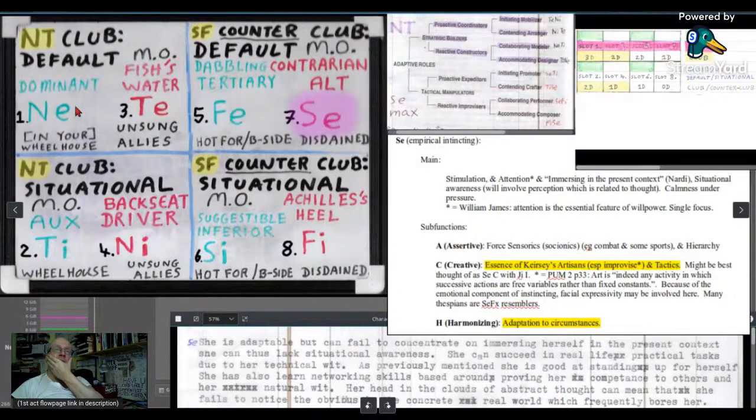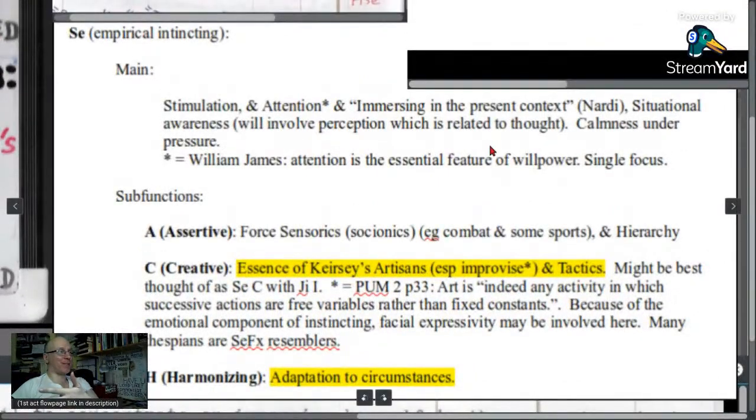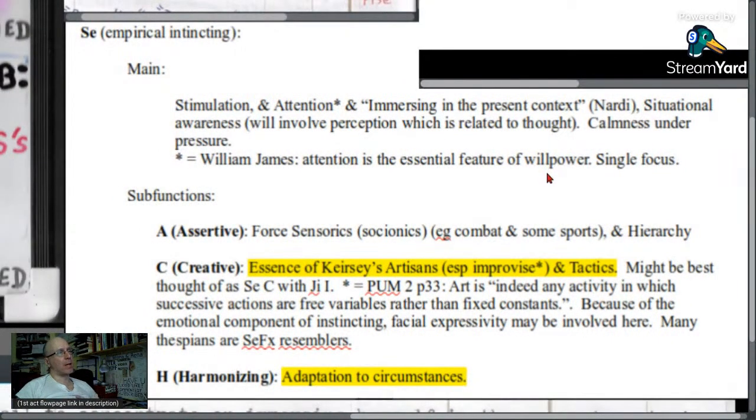But again, extroverted, they are able to, in certain situations, pay attention, because they are extroverts. So better at paying attention than, say, INTP. Again, stimulation, attention, immersion in the present context. Adaptation to circumstances, yeah, I think they can do that.